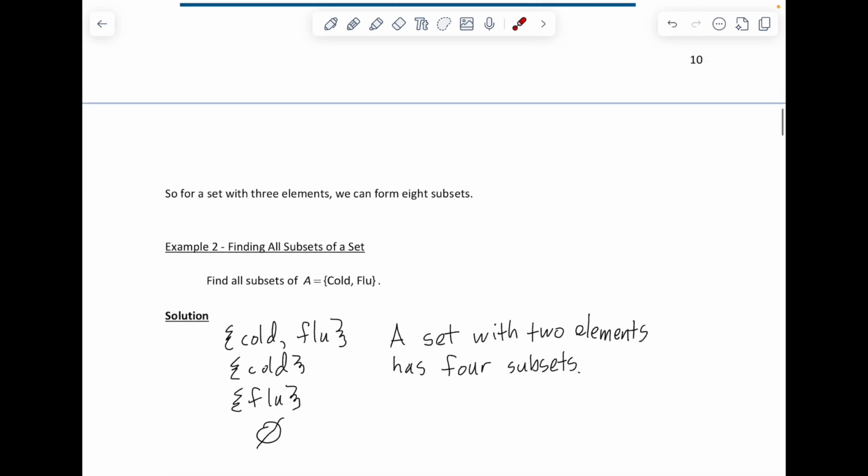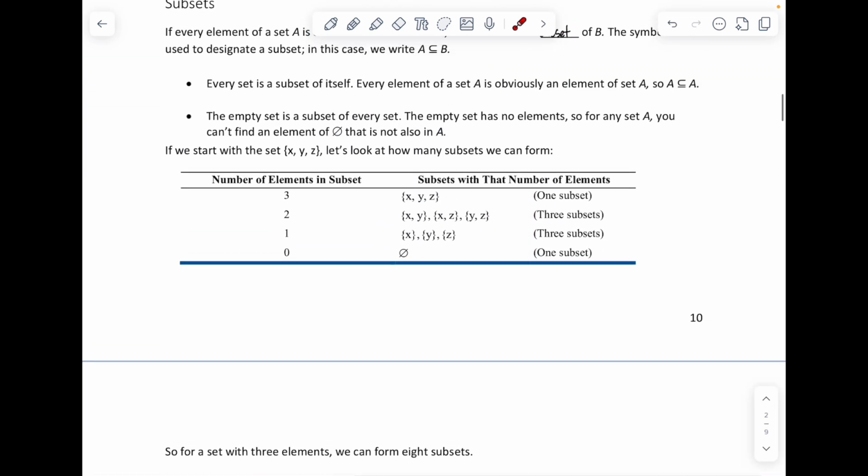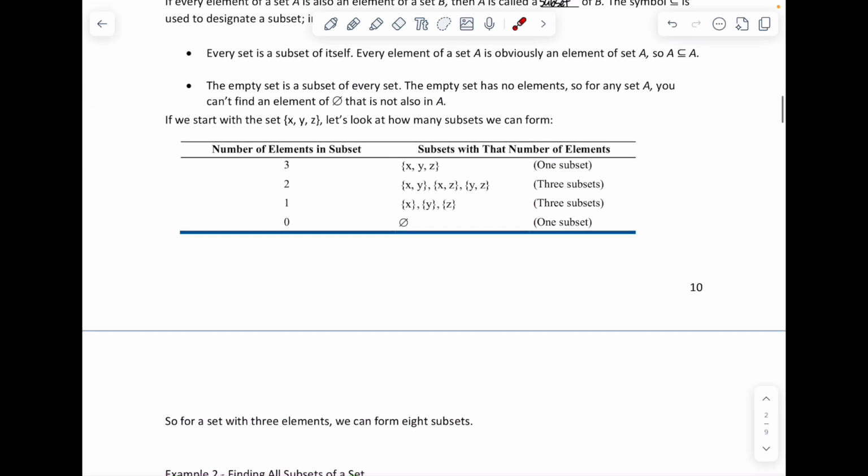If we back up a little bit and consider these two examples, in this case here, we started with the set X, Y, and Z, and we listed all the subsets here. This first set right here is not a proper subset, because it's equal to the original set. All of the other subsets are considered proper subsets because they are subsets that are not equal to the original set.